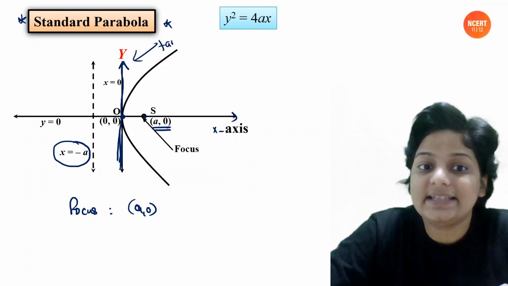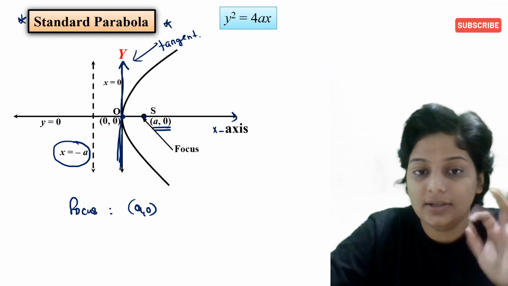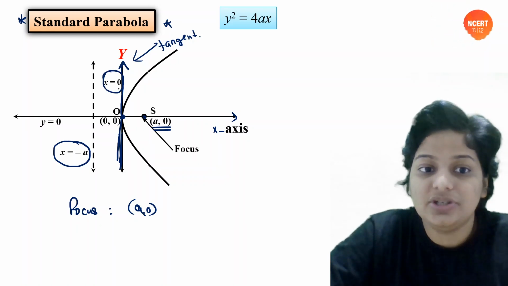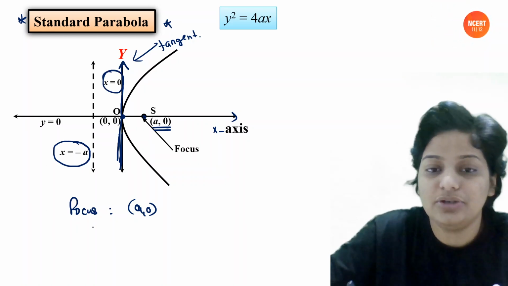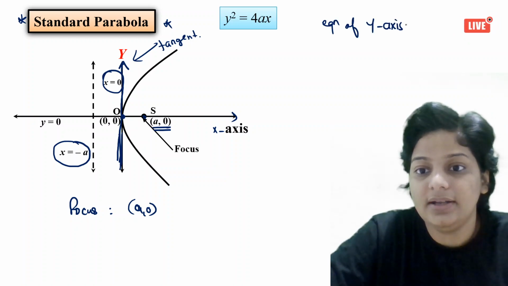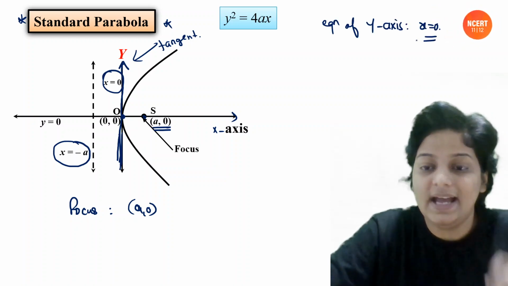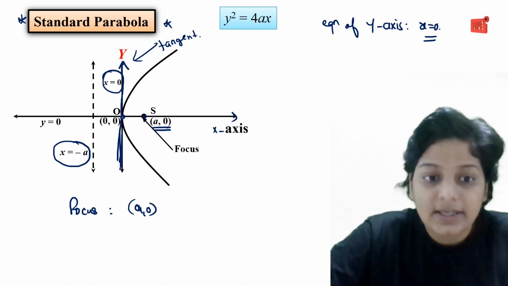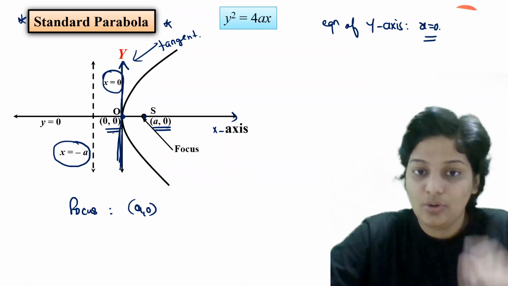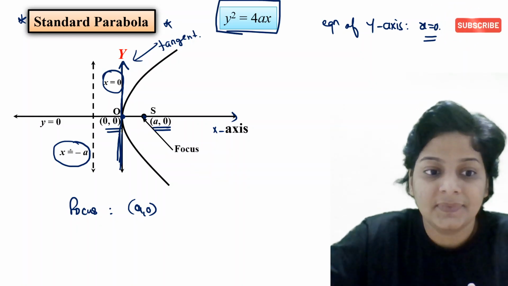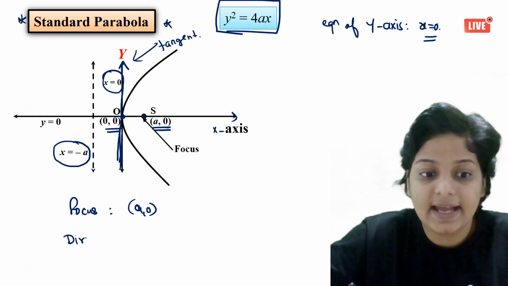This is called as tangent of the parabola. ये बन गया tangent. और tangent का इक्वेशन क्या है? x equal to 0. We know equation of y axis. Equation of y axis क्या होता है? x equal to 0. So that's the equation of y axis. ये जो vertex है ये 0, 0 है for standard parabola. y square equal to 4ax. Directrix is x equal to minus a.